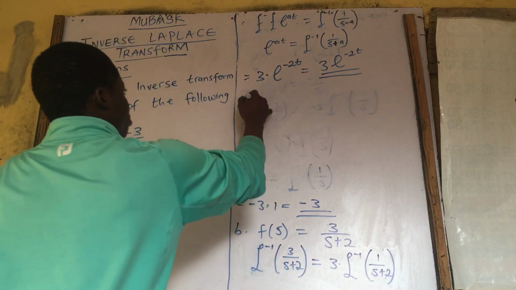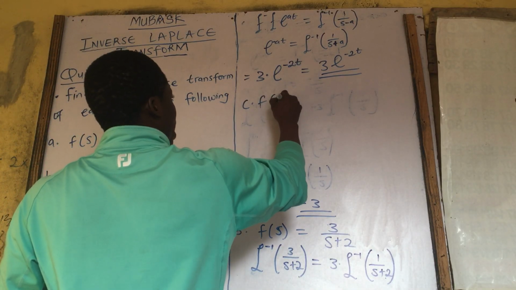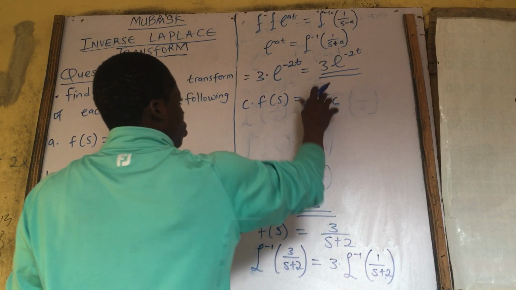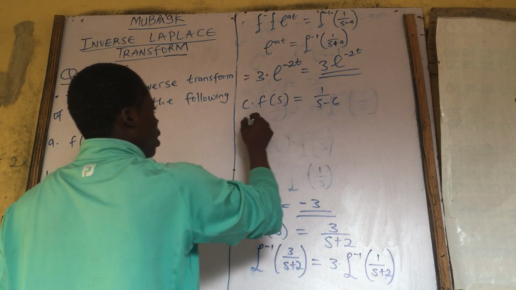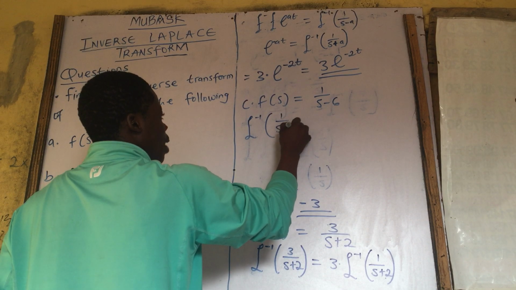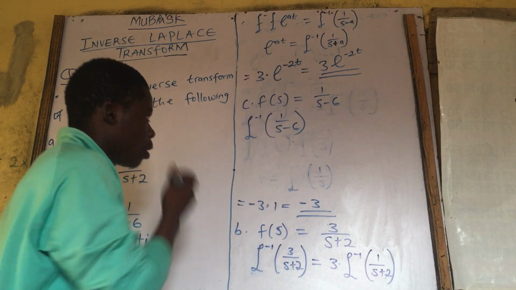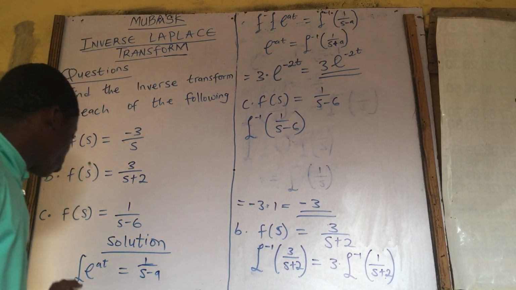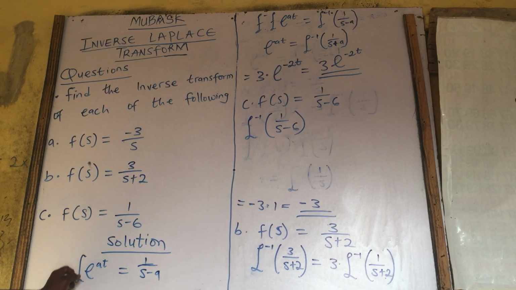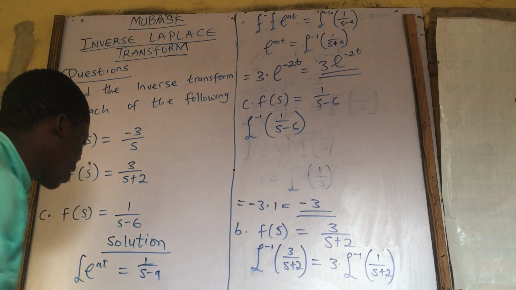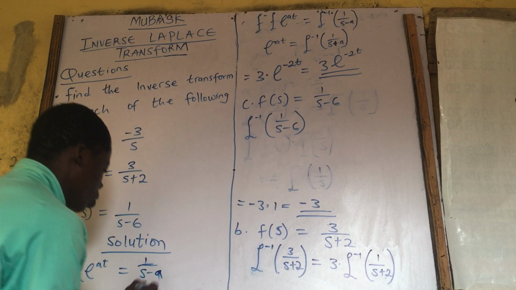Now question C. F of x equals 1 divided by x minus 6. So let us take a look at this inverse, denoted as the inverse of 1 divided by x minus 6. If you recall from this place also, we say that the Laplace of exponential at equals 1 divided by x minus a.